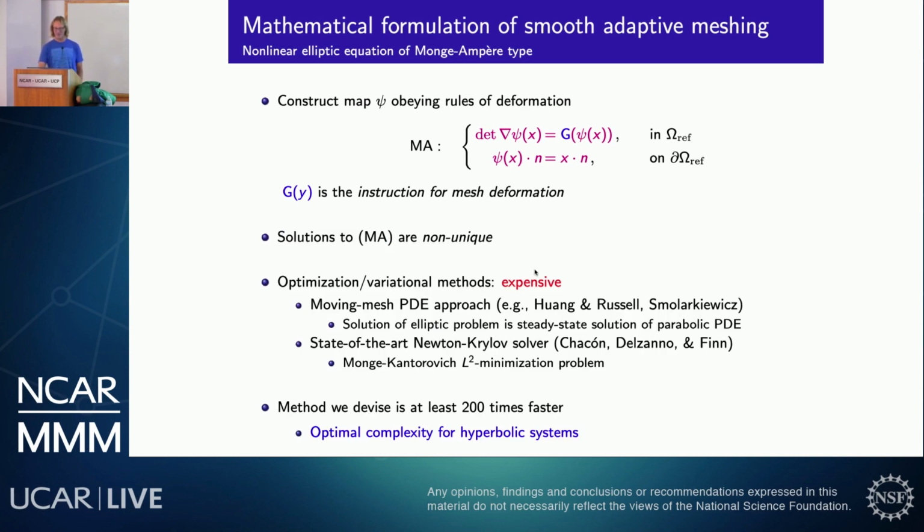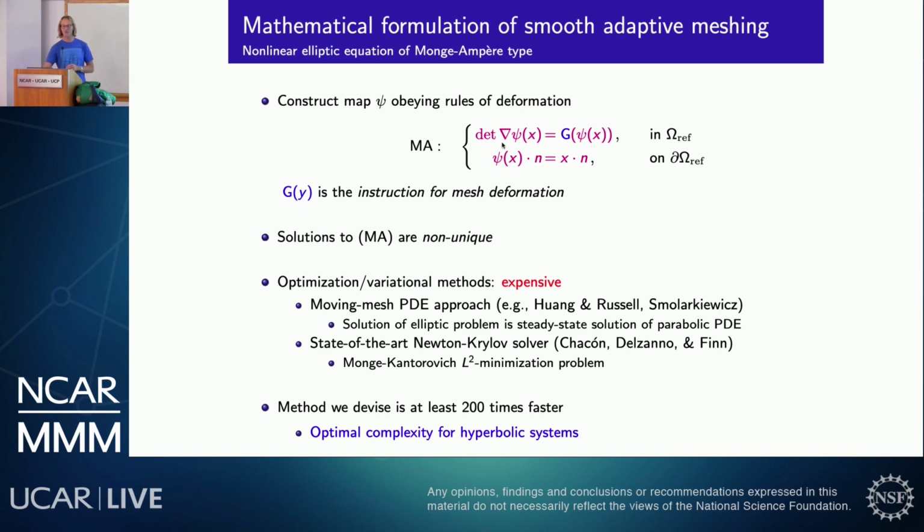So first, a little bit of history. Peter Smolarkiewicz has worked on this with his students as well. There's essentially 2 approaches to this problem in the literature. The first approach says this is a complicated nonlinear elliptic problem. Instead of solving it directly, I'll embed it in a heat equation, and I'll use a gradient descent to find an equilibrium to the heat equation, which will then be the solution to this particular equation.